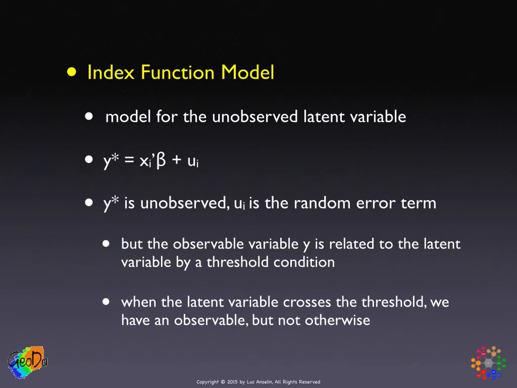So conceptually, we say there's this y star that we don't really observe, but we can think of. If that y star is large enough, crosses some imaginary threshold, then we see the event. If it doesn't cross the threshold, we see nothing. We have a 0.